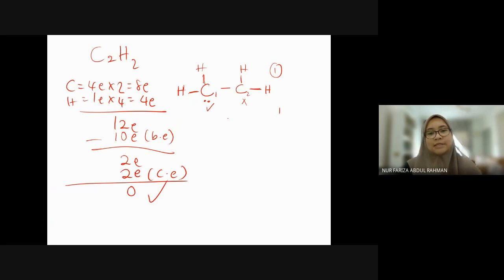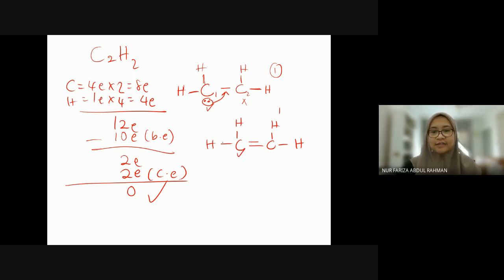We form multiple bonds. These 2 electrons will form another bond between the carbons. So bila dia form bond dekat situ, saya draw balik, dia akan jadi macam ini. Now everybody octet.